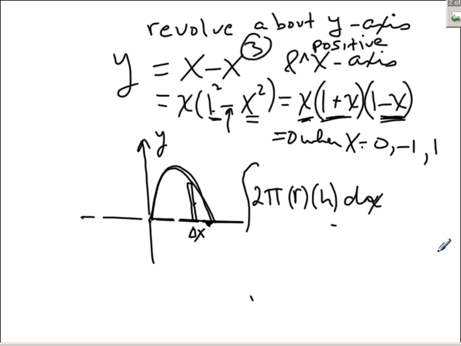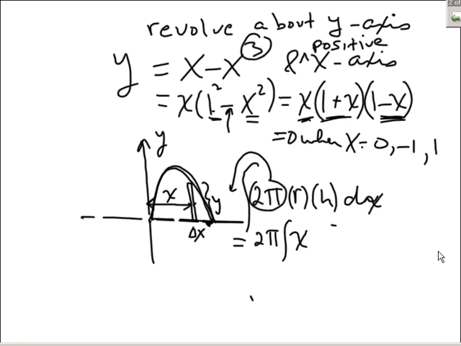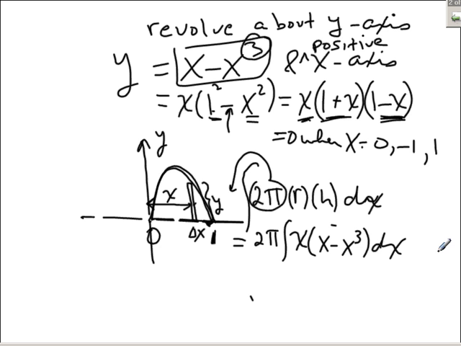Now, what we need to know is this distance, and that distance is x. That's the radius. So it's 2 pi, which I will pull out in front of the integral. The radius is x, and the height of this strip is just the y value, which is x minus x cubed, dx. And remember, x is going from 0 to 1.